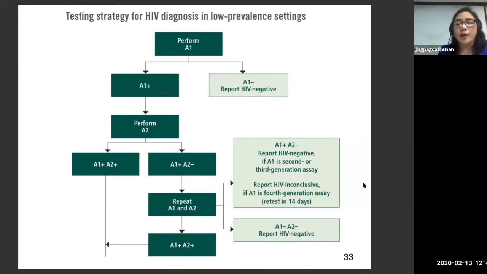The important thing here is that you have to perform several tests before you can say that the child is negative or the child is positive. Two consecutive negatives is reported as HIV negative.